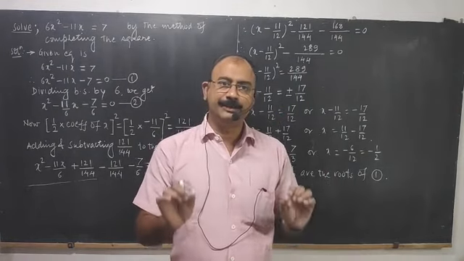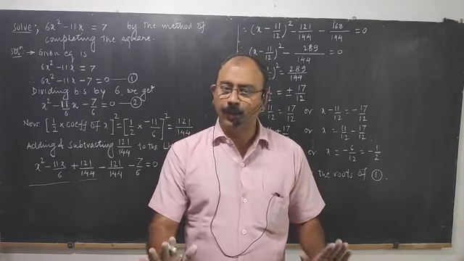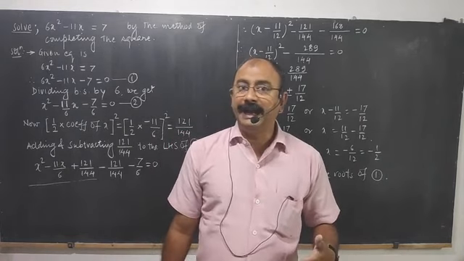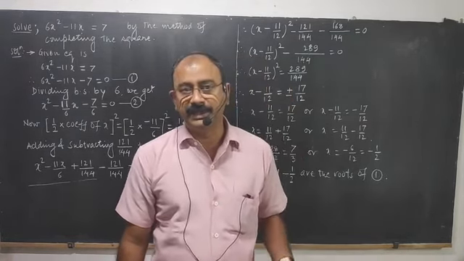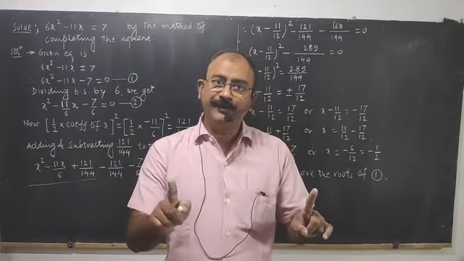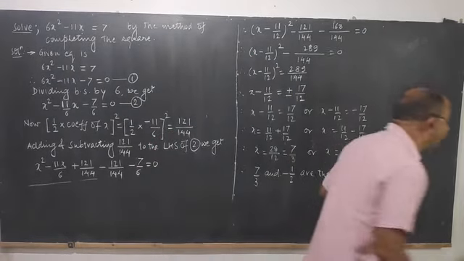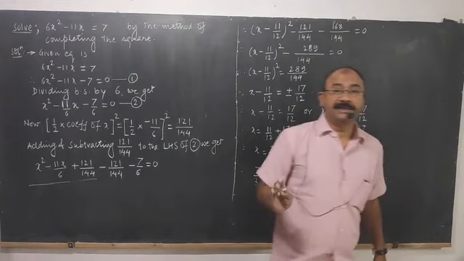Now exercise 2.3 fully for you to solve as homework, and yesterday I had sent around 15 examples to be solved by factorization method. Now the same 15 plus exercise 2.3. I think in exercise 2.3 there are 6 examples.